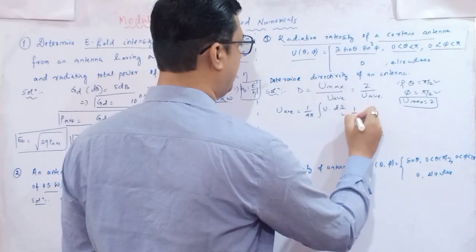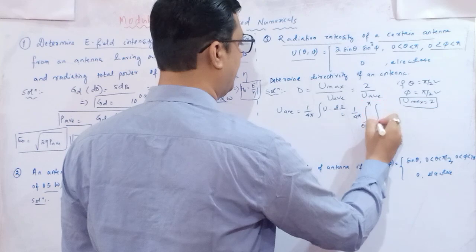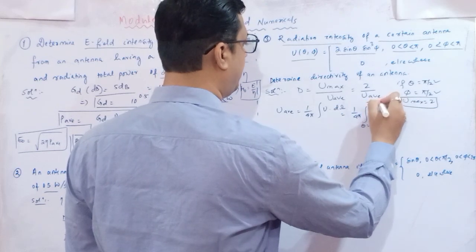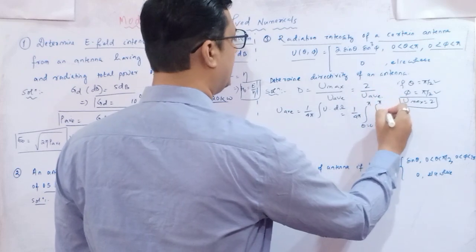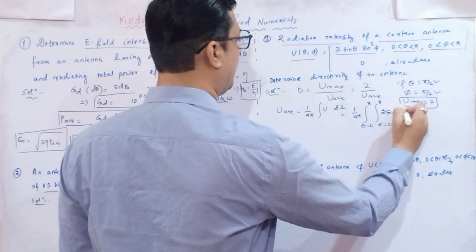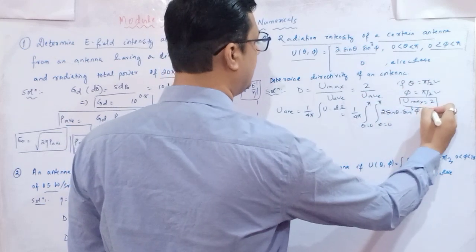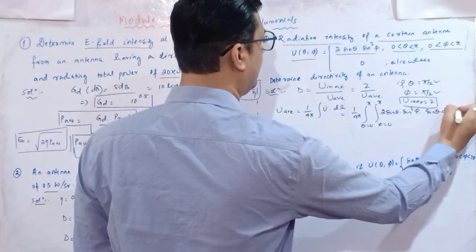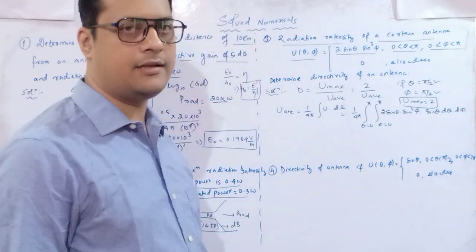So it is 1 by 4 pi, theta 0 to pi, phi 0 to pi, because the limitations are 0 to pi. U is 2 sin theta sin cube phi, and d omega is sin theta d theta d phi. So this is the relation. Only the integration we have to solve.